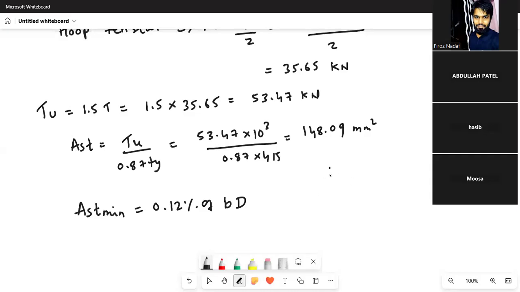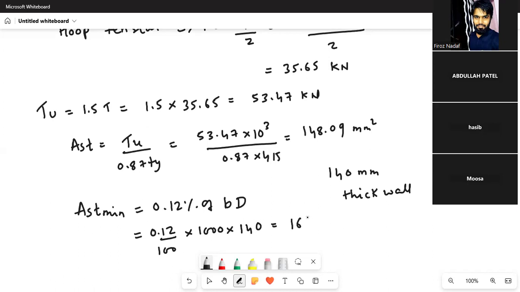Here I will take 140 mm thick side wall. When designing the slab, we assume 1 meter width; here also we take 1 meter width of the bunker. So 0.12 divided by 100 into 1000 into capital D, 140 mm, you're getting 168 mm square.